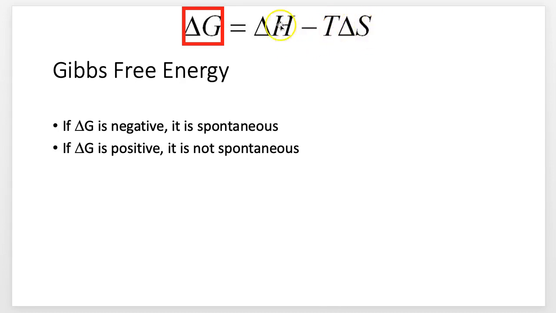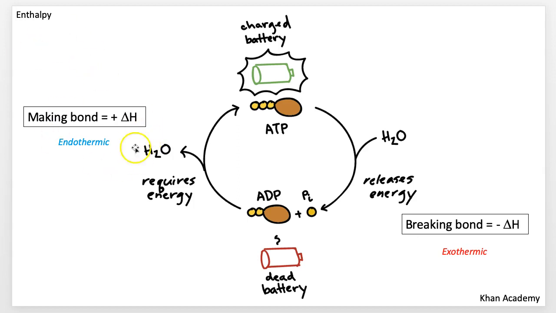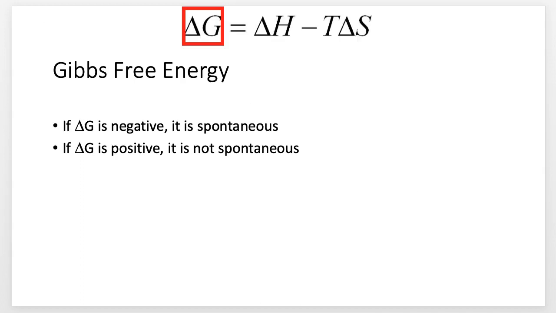So if I have a huge positive delta H, so if I back up a little bit, when I have a positive delta H, that's when I'm building bonds, right? If I have a really big positive delta H, my chaos would have to be huge, my temperature would have to be huge to actually pull that out, to basically cancel out the delta H, okay?